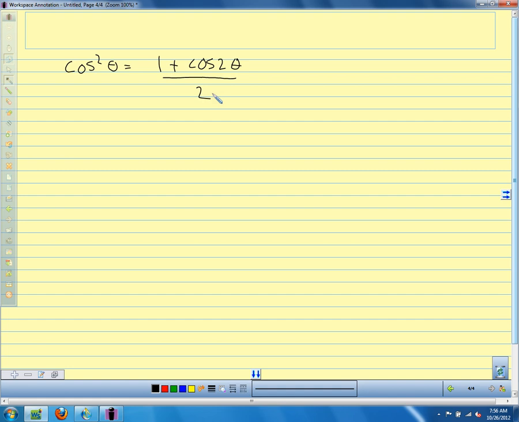Sine squared theta equals 1 minus cosine of 2 theta. Oh, it was 1 minus. Okay. We've got them all in the front of our book. Sine squared theta is 1 minus cosine 2 theta over 2.